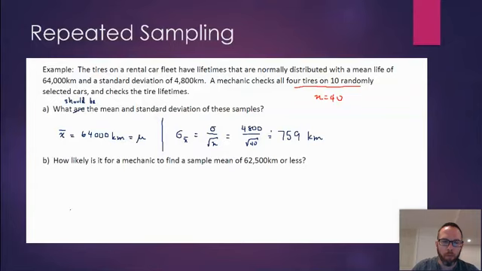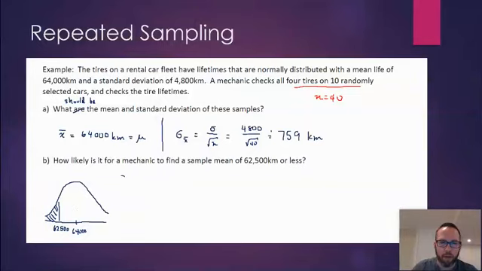This is a normal distribution problem that we should be pretty pro at by now. The mean is 64,000, and we've been asked to find the probability that this mechanic samples 40 tires and the mean is less than 62,500.